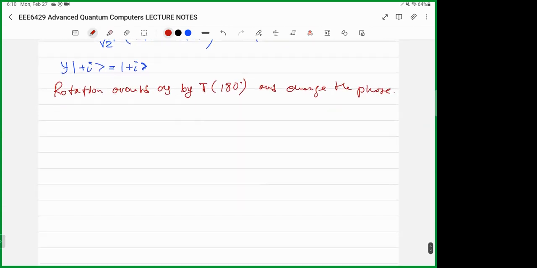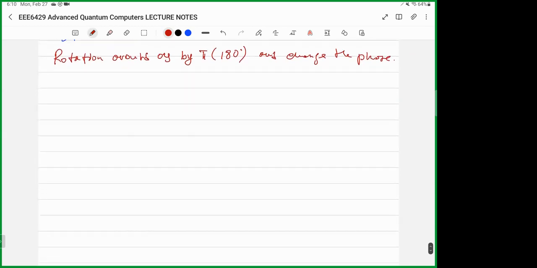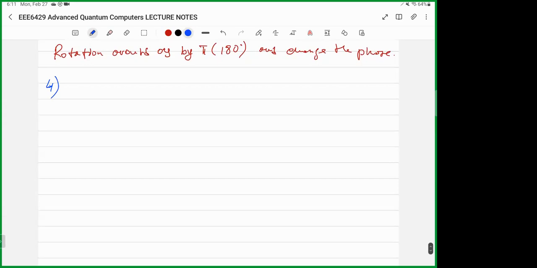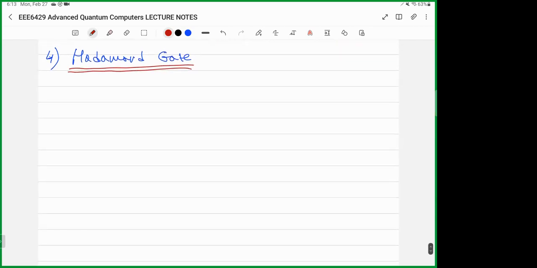So this is about X, Y, and Z gates, and now let's consider another one which is actually very important. Number 4. The fourth gate is called the Hadamard gate.